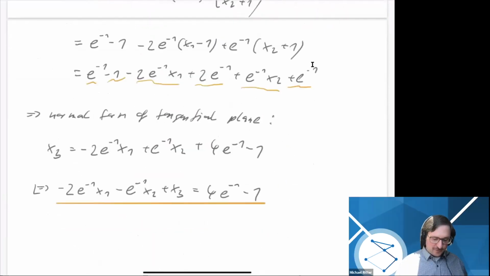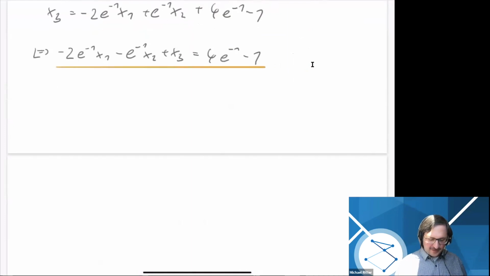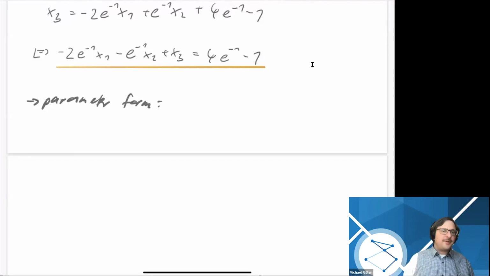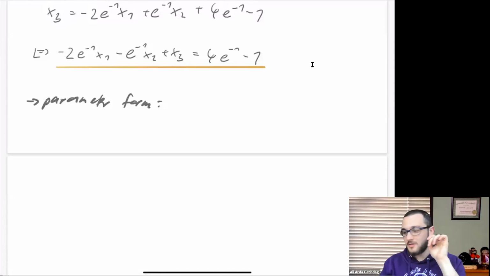Good, so that's the normal form, and you can get the parameter form from it as well. What the normal form basically tells you is two things. There's this normal vector in there, a vector that is perpendicular to the plane. Sorry, Dr. Ritter, one more question.